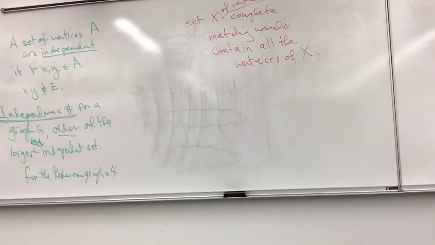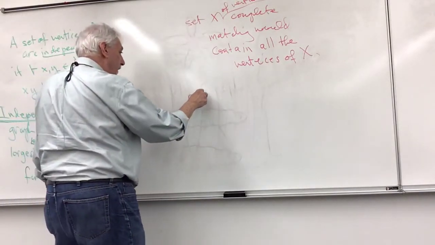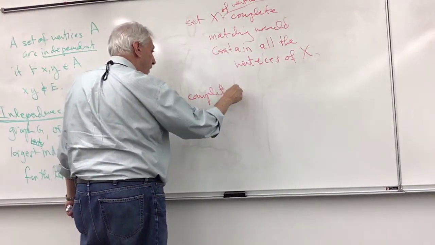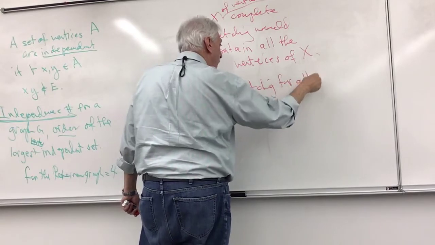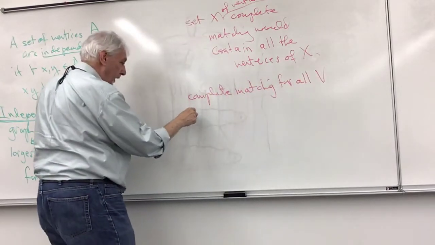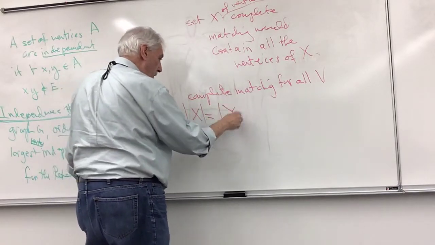Why not? One partite set is bigger than the other. Okay, so one of the things that's going to be required if I want a complete matching for all of V, is that the order of X must equal the order of Y.